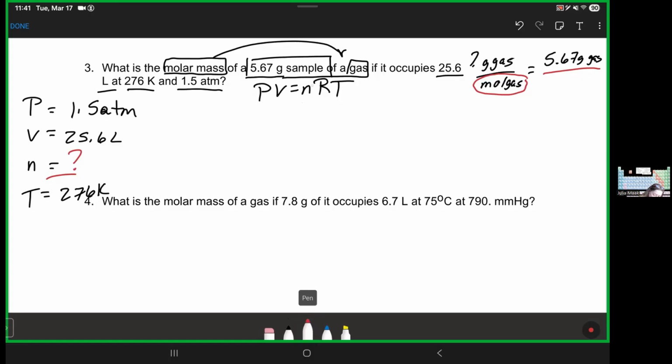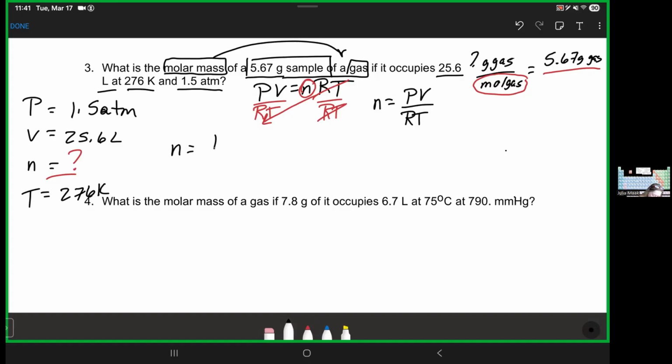Okay, so on this one, we're solving for N. We're isolating N. So we're going to move RT down to the other side on the bottom, because what we're doing is dividing by RT. So we get that our N is equal to PV over RT.